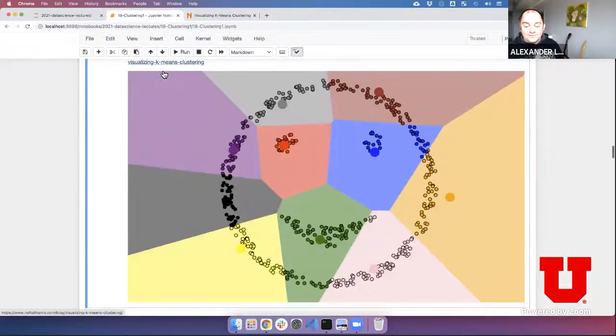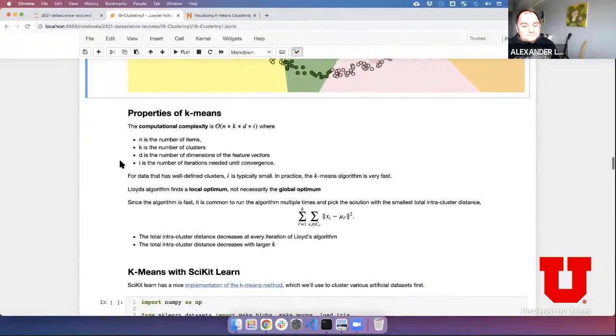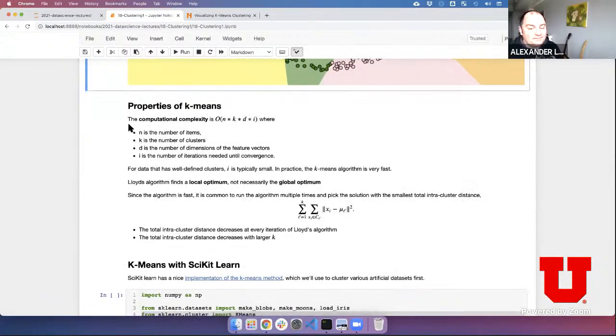Okay, so in terms of computational complexity, this is a very fast algorithm. We have a big O of n times k times d times I, where n is the number of items, k is the number of clusters, d is the number of dimensions or the feature of the feature vectors, and I is the number of iterations needed until convergence.